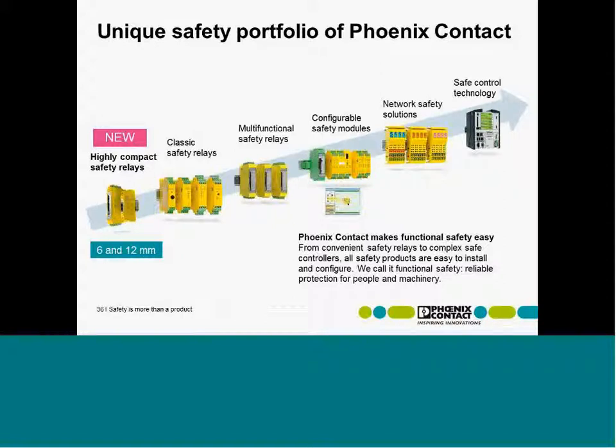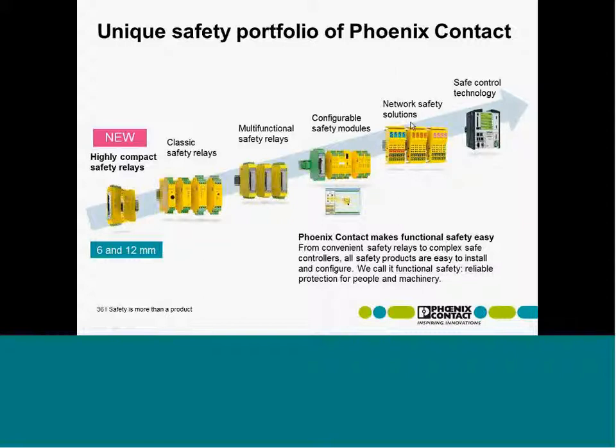Just to have in mind what the Phoenix Contact portfolio is in principle. Of course, for more than 10 years we have had so-called classical safety relays in our portfolio. We have so-called functional safety relays. We have configurable safety modules, which deal with software aspects, meaning you configure the software functionality with a tool called SafeConf.